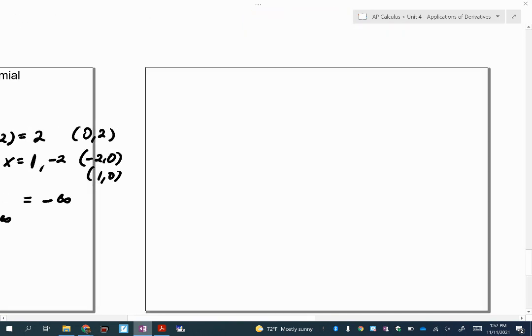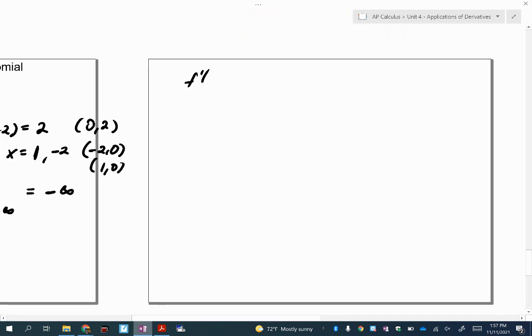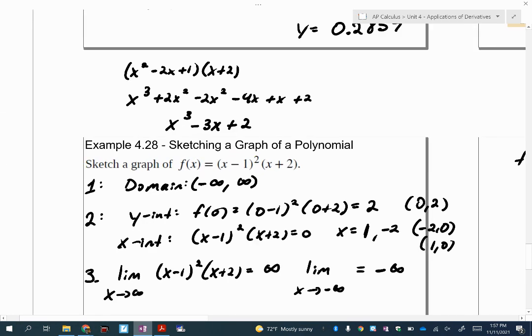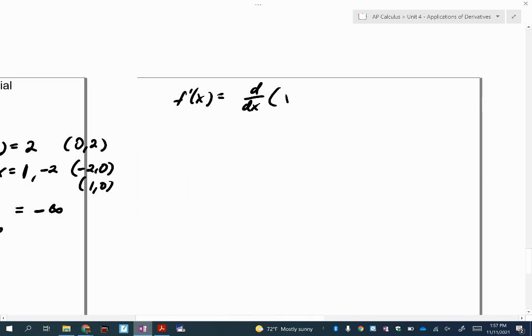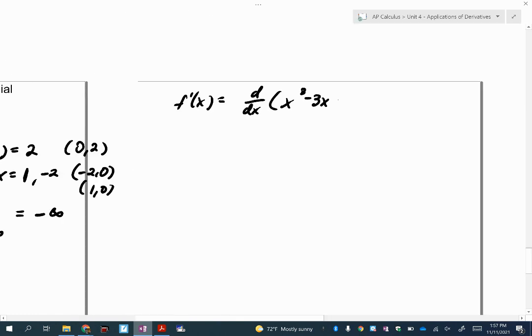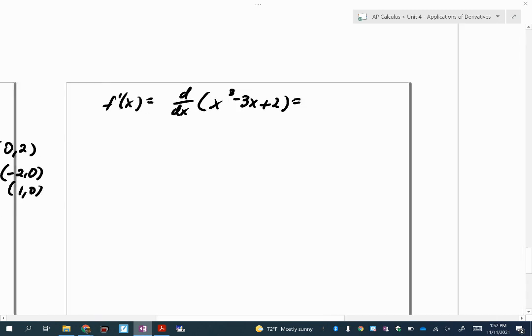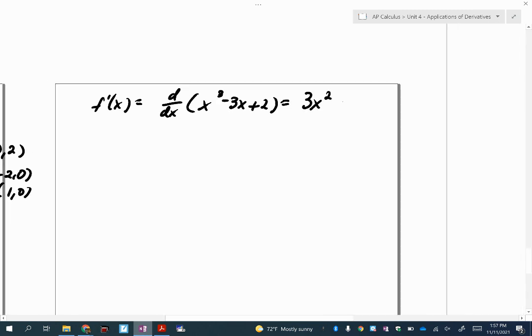So let's find, I'm going to move to the next slide. Let's find the derivative. All right, so that's going to be d/dx of, and I just distributed it out already, so x cubed minus 3x plus 2. So when you find the derivative of that, you get 3x squared minus 3. Okay?